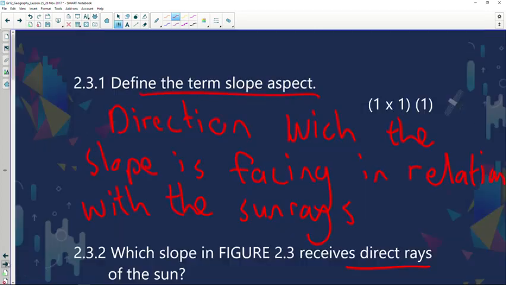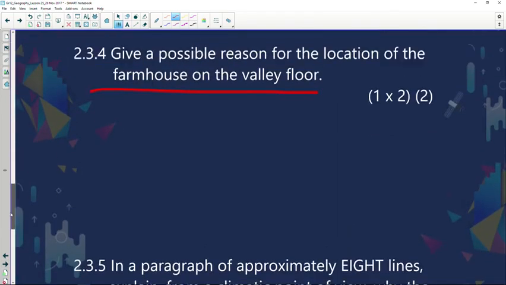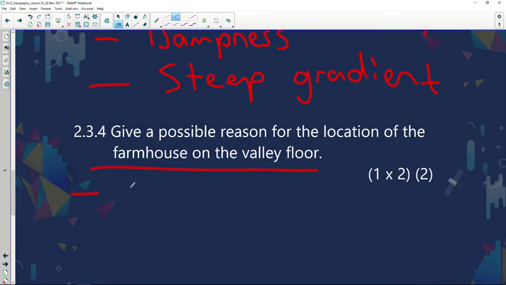So let's quickly answer the question after identifying some clues on the diagram. First of all, it's a gentle gradient, so it makes construction easier. Okay, and it's very close to fertile soil.